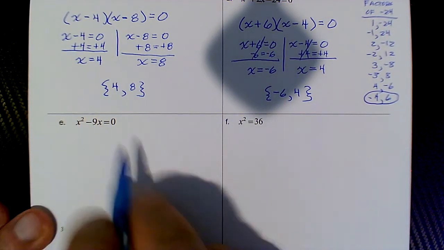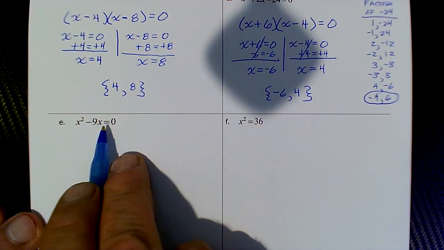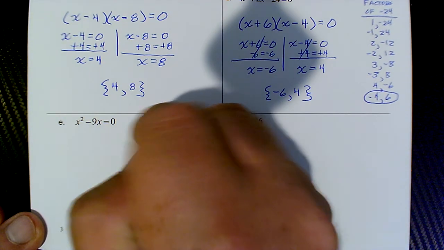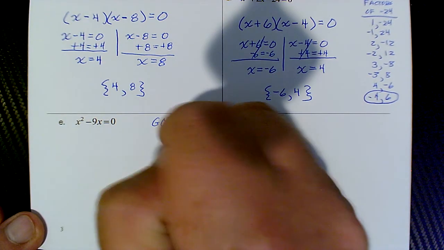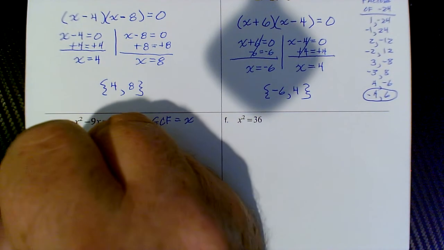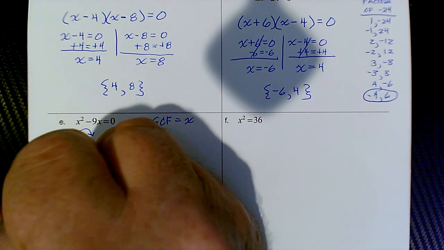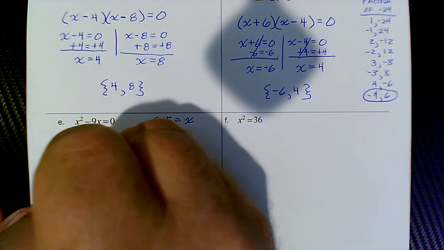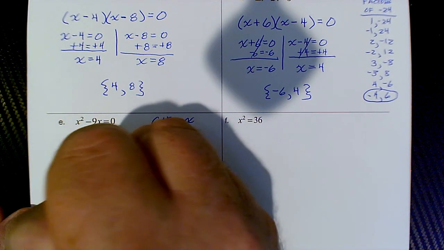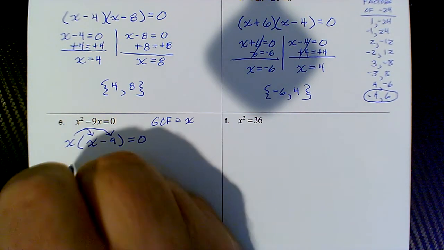Okay, this only has two terms, but it is quadratic. So the first thing we look for is the greatest common factor. And that's x in this case. So factoring out an x, reversing the distributive property, x times x gives the x squared. To generate the second term, we'll need a minus 9. That's set to 0.